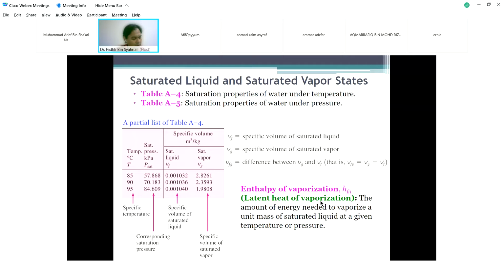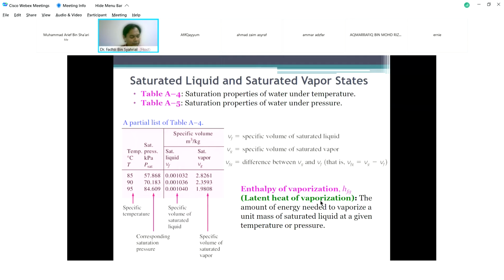If you look at the name of this table, it is saturated water temperature table, meaning that if temperature is constant, then we look at this table A4.